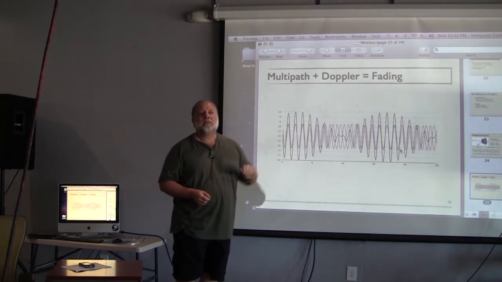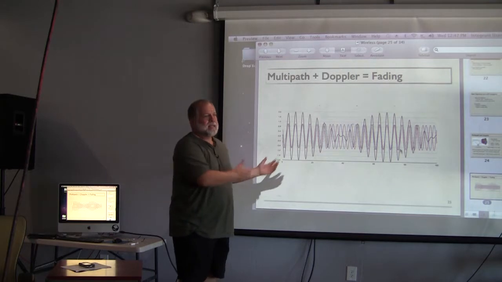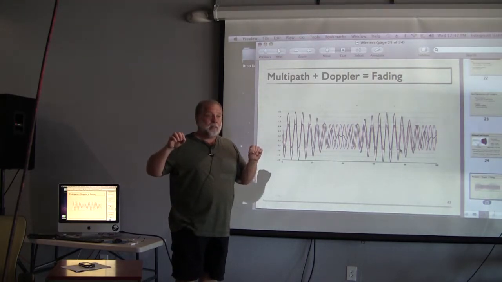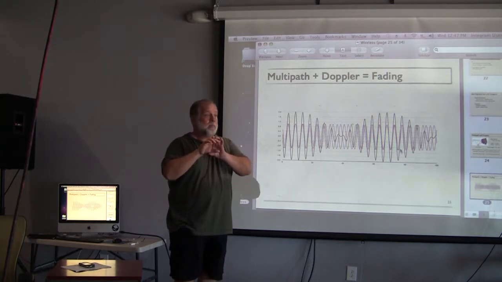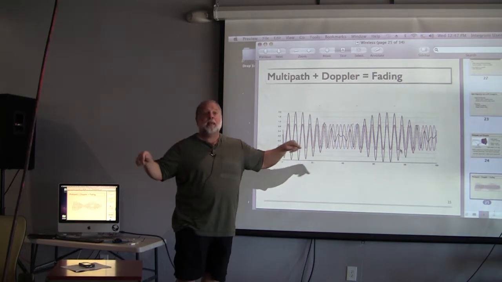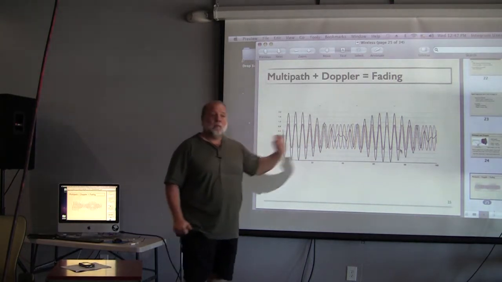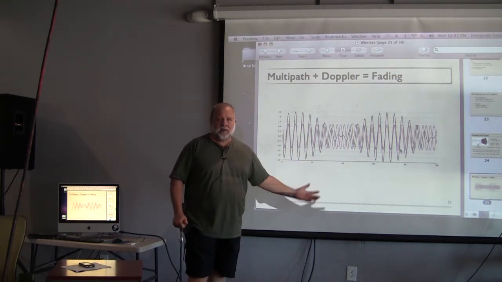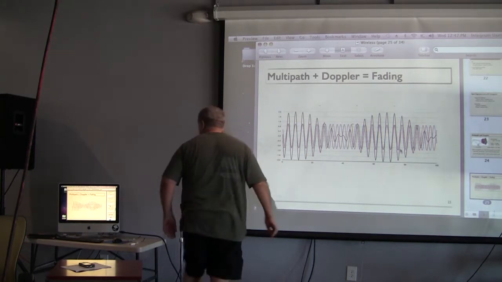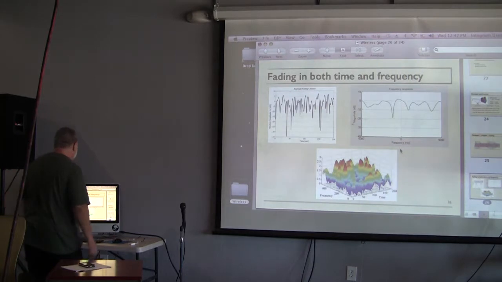Frequency modulation is also robust with respect to fading, because the signal has been faded, so the amplitude has gone up and down, but I can run it through a limiter and get back a constant amplitude wave, and then send that through a frequency discriminator and demodulate it. So FM is naturally robust, and that's why they use FM.